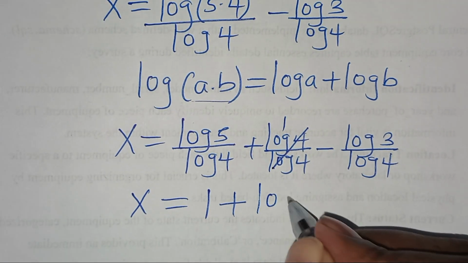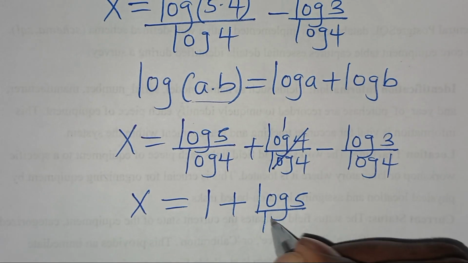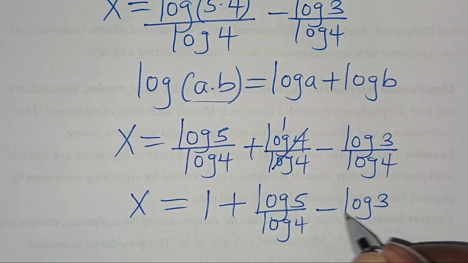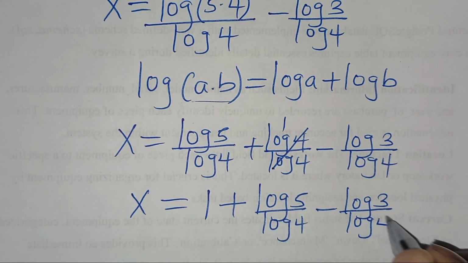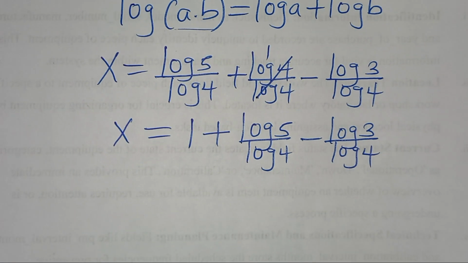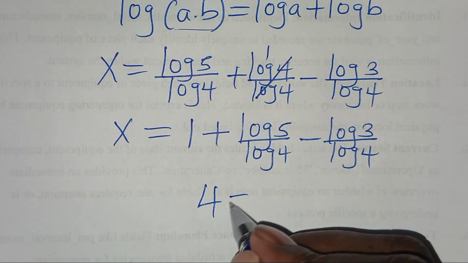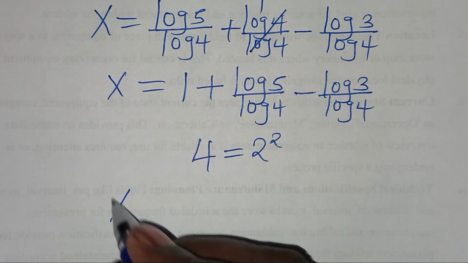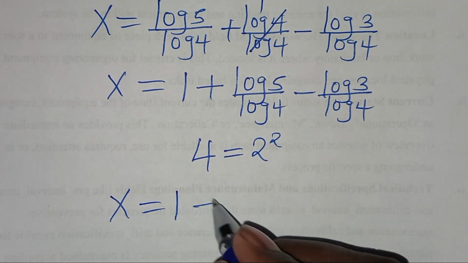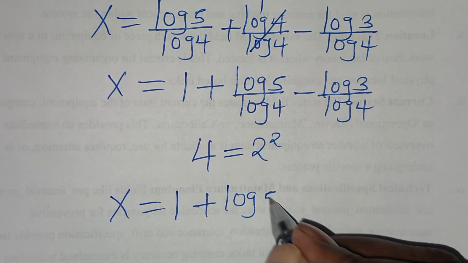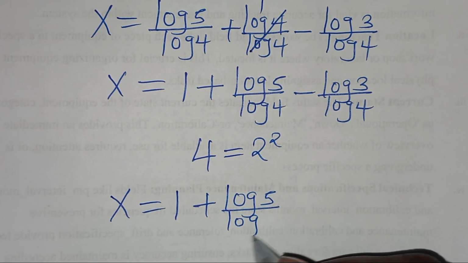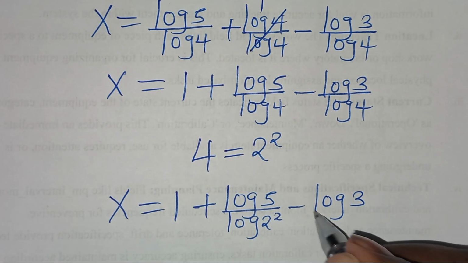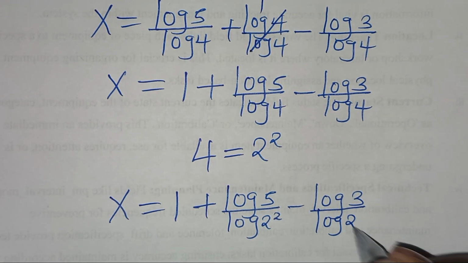so that x is equal to 1 plus log 5 over log 4 subtract log 3 over log 4. We can express 4 as 2 to power 2, and therefore x is equal to 1 plus log 5 over log 2 to power 2 subtract log 3 divided by log 2 to power 2.